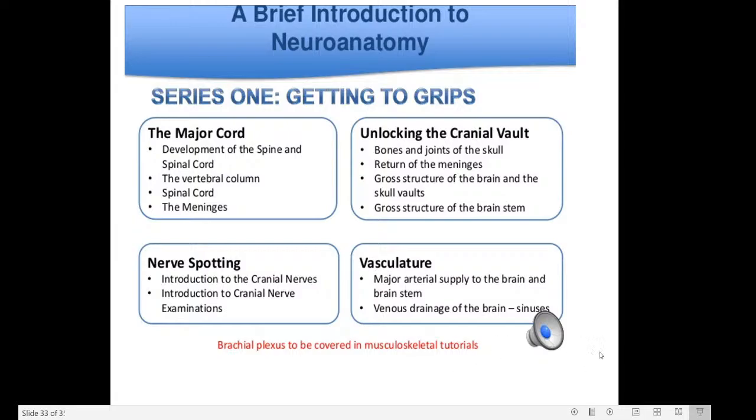The major topics are the spinal cord, vertebral column, spinal cord development, and meninges. Then the cranial vault, meaning the bones and joints of the skull, the meninges, and the cross structure of the brain at the skull vault and the brain stem.